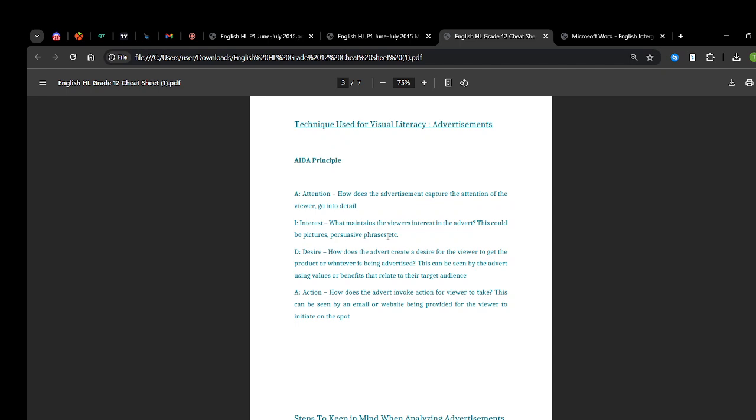For example, let's say the advert is about soccer boots. Only those interested in playing soccer and understanding the language of soccer will keep on reading or viewing the advert further. So that's what the I stands for in the ADA principle, and how you will view this advertisement and how to answer. Okay.